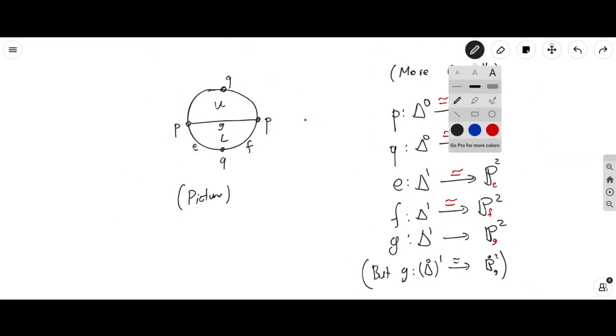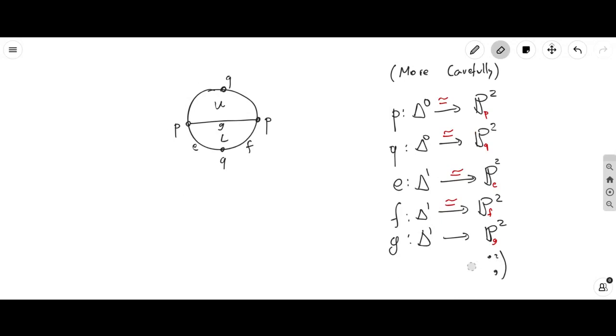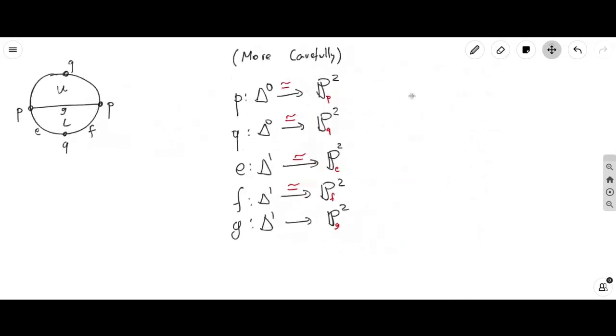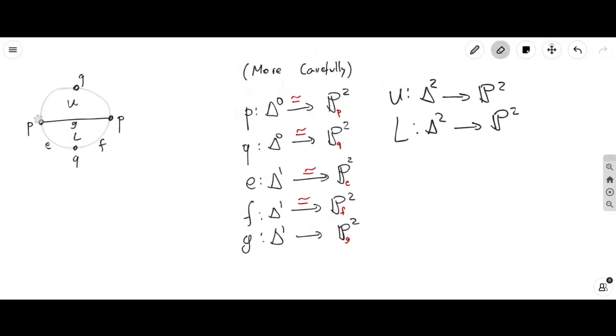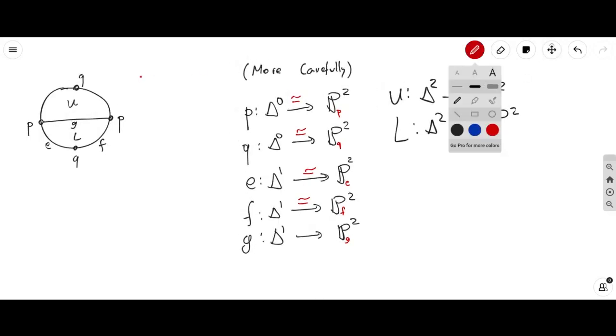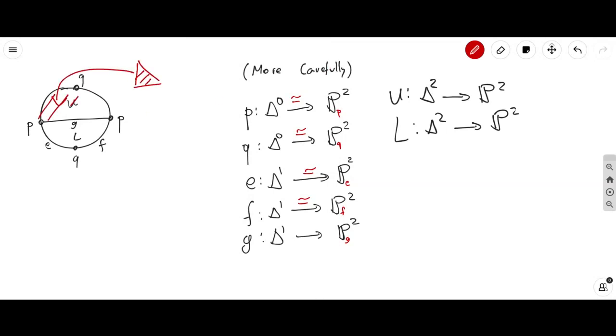So U, let's remove this one. Then you have U, and this is a map from the 2 simplex into P2, and L will be a map from the 2 simplex also into P2. And now observe that this is the triangle, we're mapping this triangle to this triangle, right?